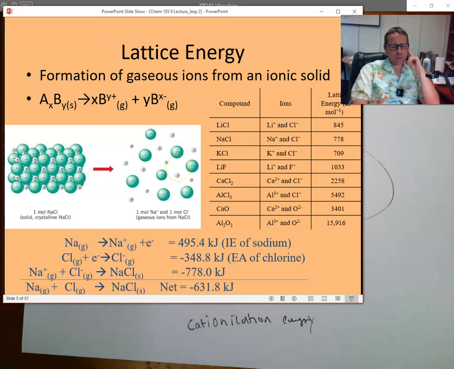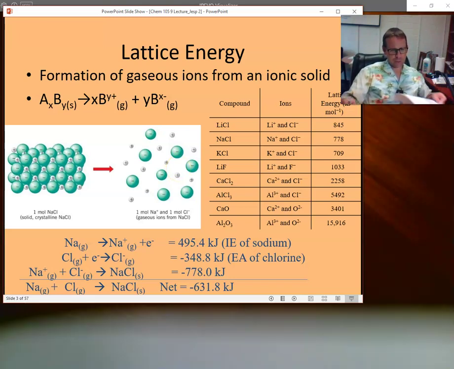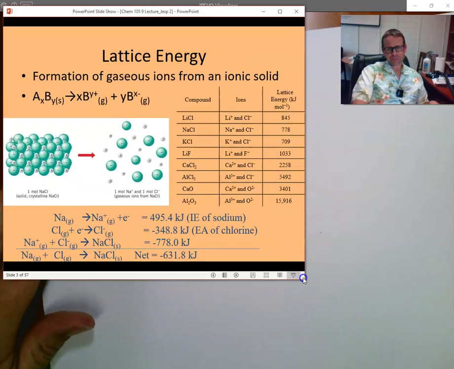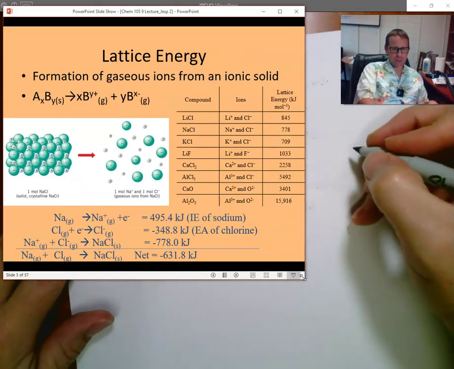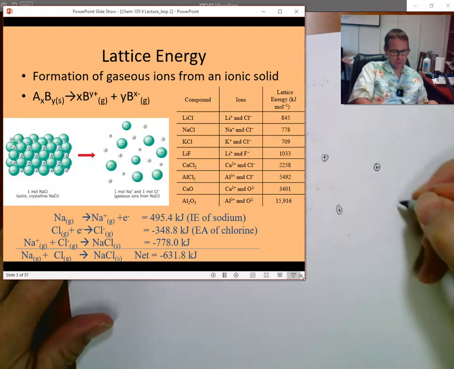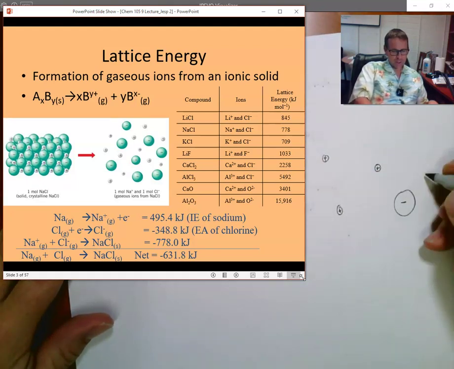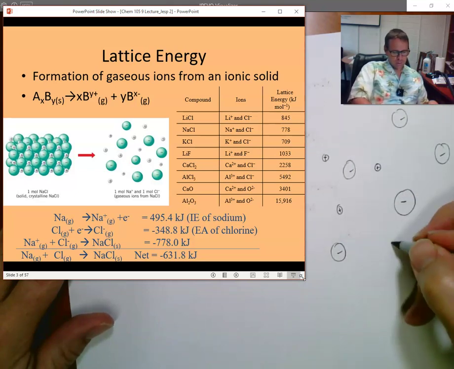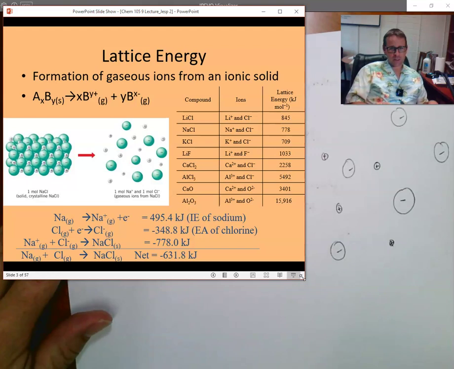Because after you form those ions, all right, so down below here, I'm going to draw a picture for us. After we form those ions, I have some positive ions that are now formed. These atoms all gave up electrons. These atoms all took electrons, right? I have all of these ions.